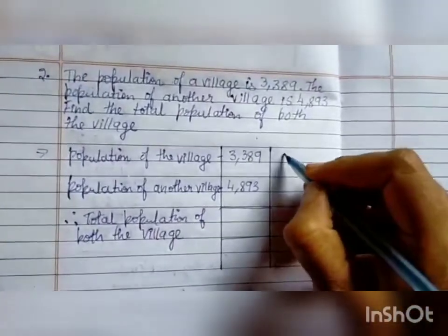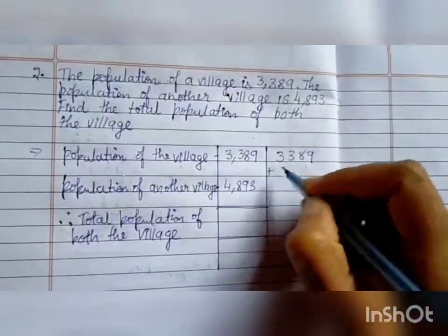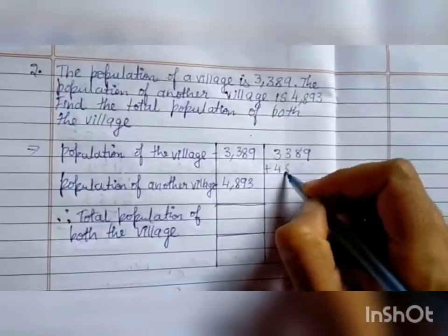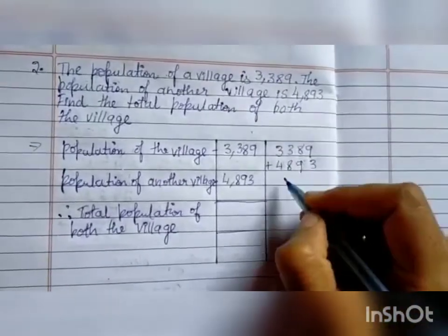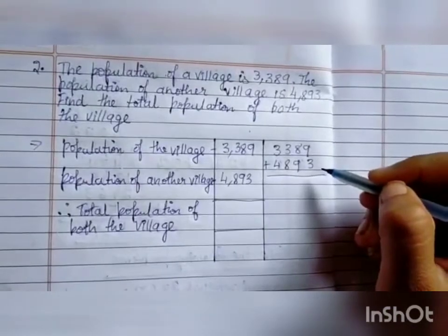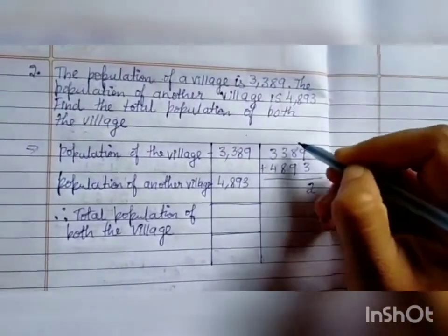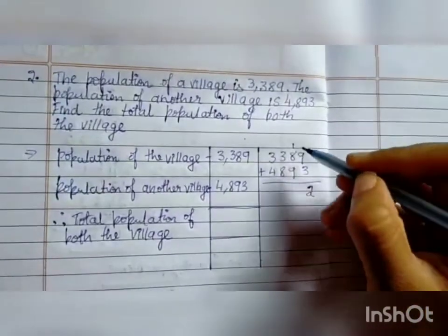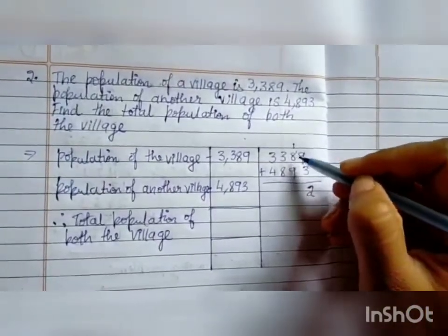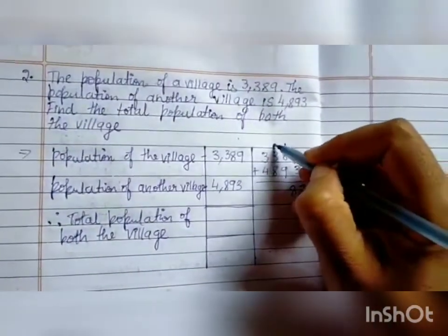So now 3,389 plus 4,893. Here 9 plus 3. After 9, 10, 11, 12. So 2, I'm writing here, 1 will be carried. So 8 plus 1 is 9. 9 plus 9 is 18. So 8 and 1 will be carried here.